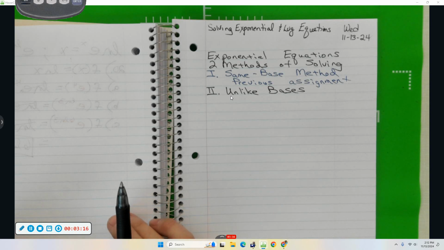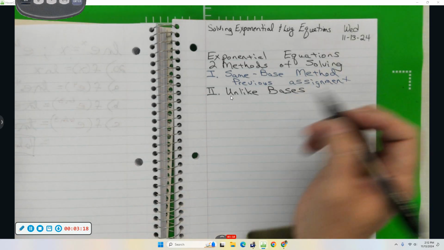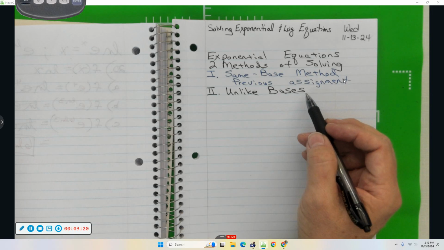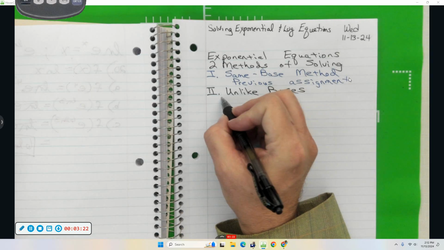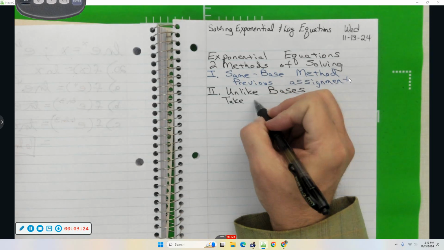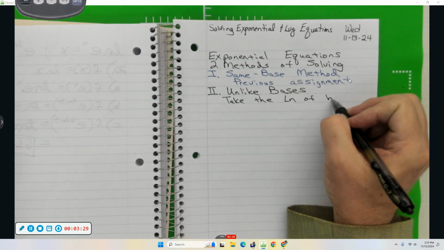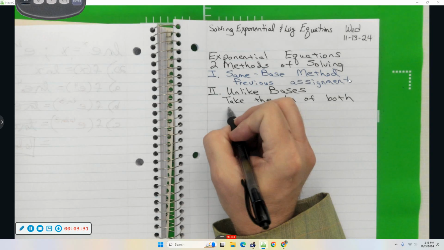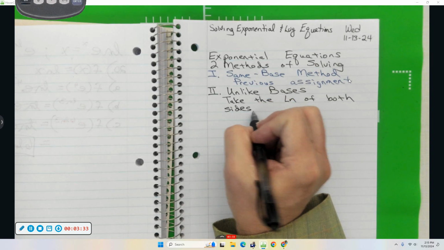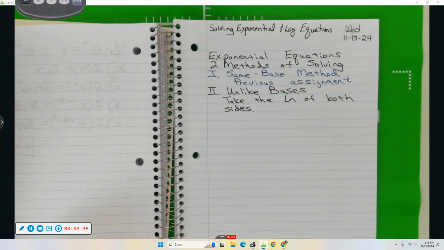I prefer the natural logarithm key. So here's what I'll do. If it has the equation as unlike bases, I'll take the natural log of both sides. When you introduce those logarithms, for a moment the equation looks even worse.